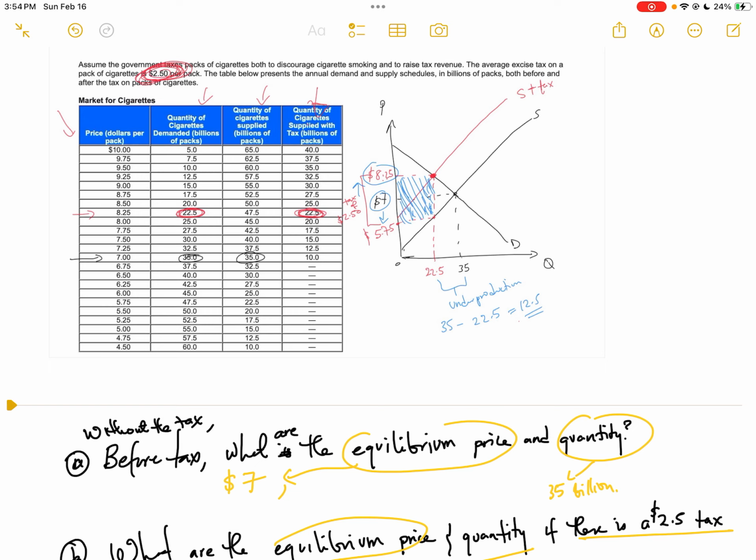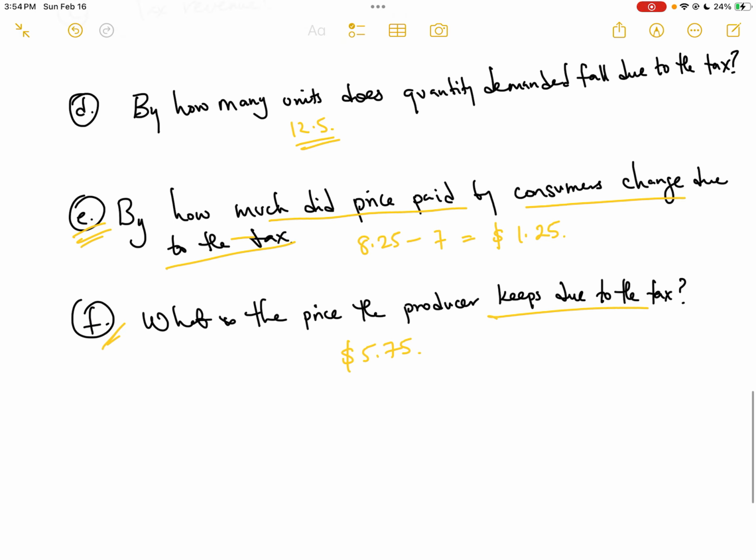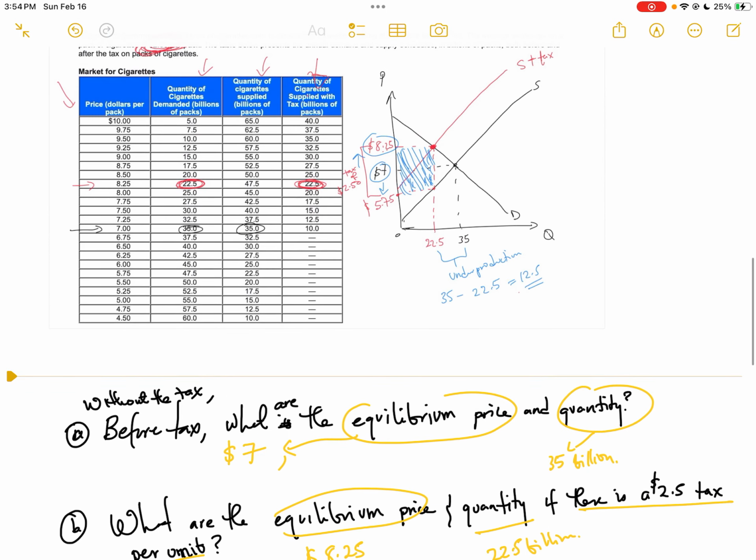What about deadweight loss? Do you think you can calculate that on your own? Let me help you a bit. So, let's write G, deadweight loss. Now, the deadweight loss is a triangle, so you calculate it as half times base times height. Now, our triangle sort of looks like this, right? And here the difference is 35, 22.5, and let me go back up and check.